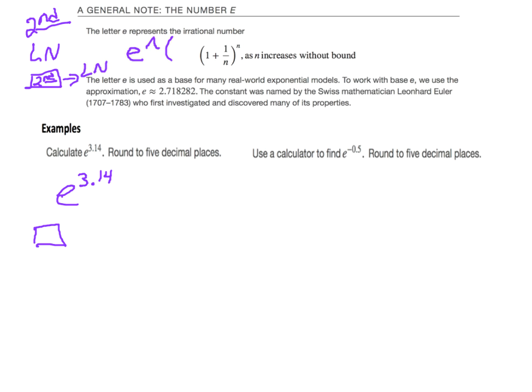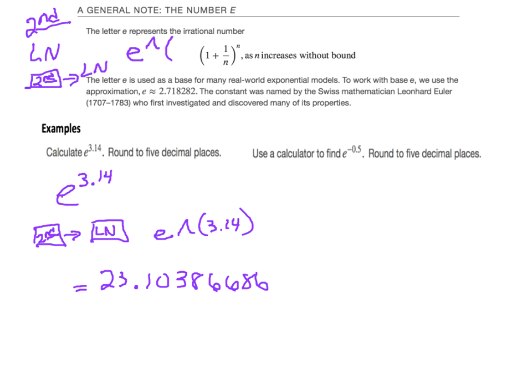On my calculator, I push second, the very top left, and then I push LN, and that on my screen does E raised to the, and I'm going to type in 3.14 and close that parenthesis. When I evaluate E to the 3.14, I get 23.10386686.